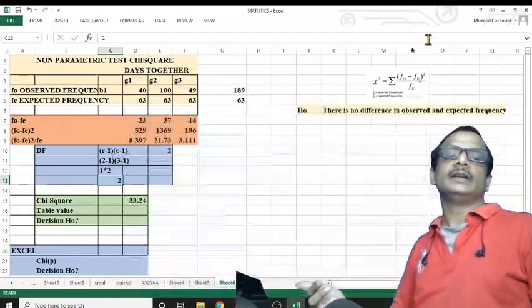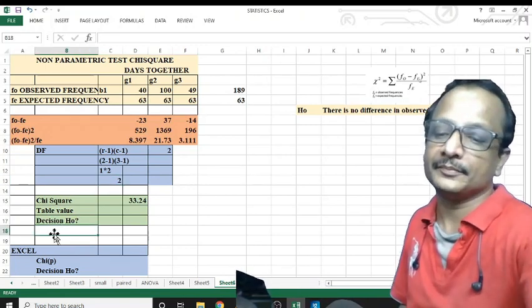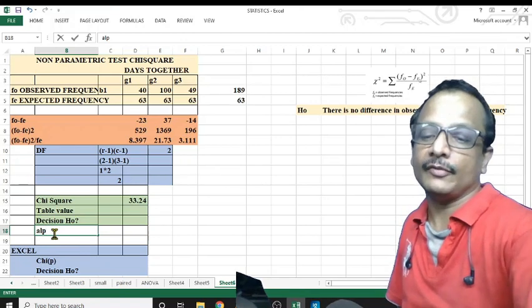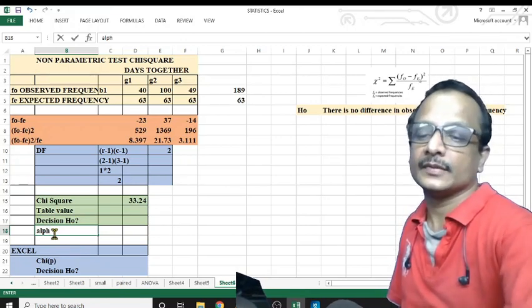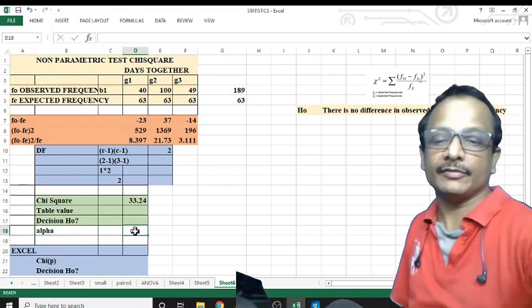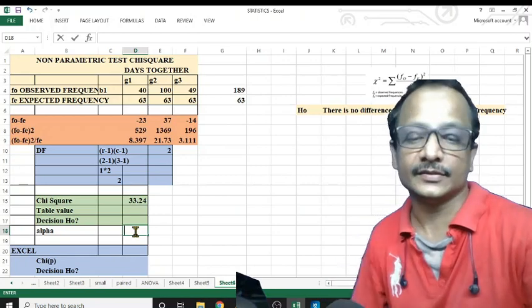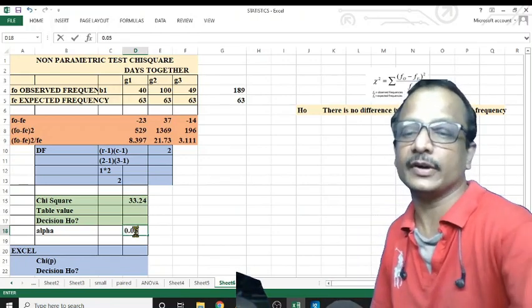Here we need one more criteria, and that criteria is known as alpha. The alpha value for this test, if 95%, actually it is written as 0.05.